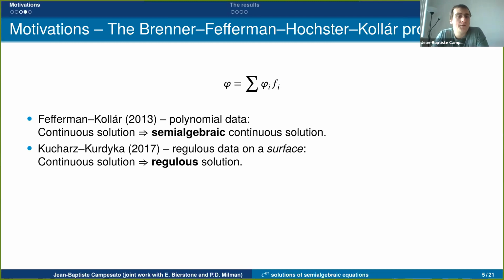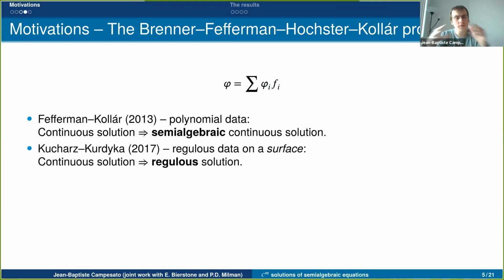For instance, Fefferman and Kollár proved that when we start with polynomial data, so when the phi and the F_i are polynomials, then the existence of continuous phi_i satisfying this equation implies the existence of semialgebraic continuous phi_i. There is a regulous version, but only in the two-variable case, or more generally for regulous functions on smooth surfaces, by Kucharz and Kurdyka.